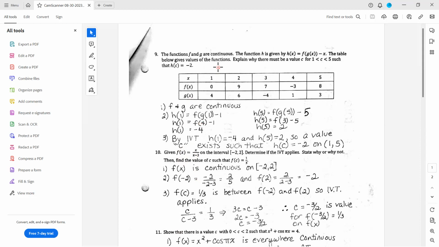Where's the interval in number 9? The interval in number 9 is 1 to 5. Sometimes it's given to you. Look at number 10. How did she give you the interval in number 10? In brackets. She gave it to you in what we call interval notation. How did she give you the interval in number 9?